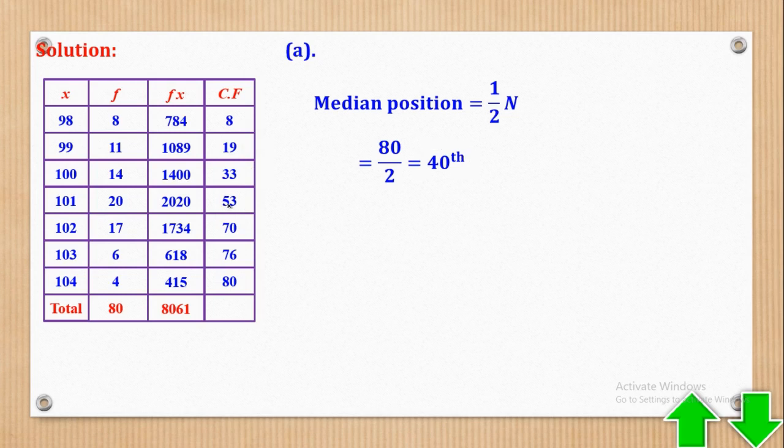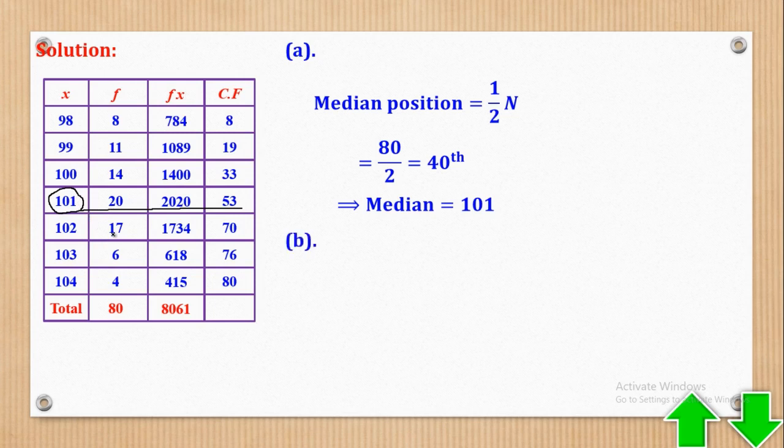Now after getting that value, you'll go and look for the corresponding value of x. So the corresponding value of x is 101. Therefore, you'll state that the median is 101. So for ungrouped data with frequency distribution, the corresponding value of x, whose cumulative frequency is just at or above the median position, is what will become our median. So that was part A.